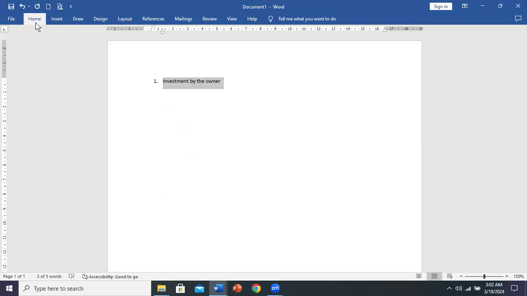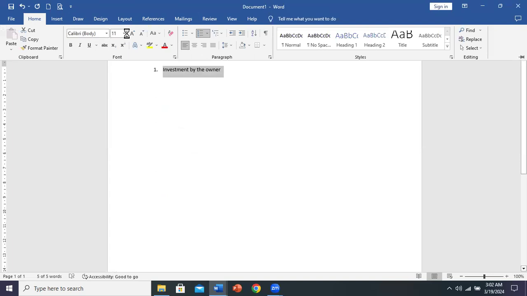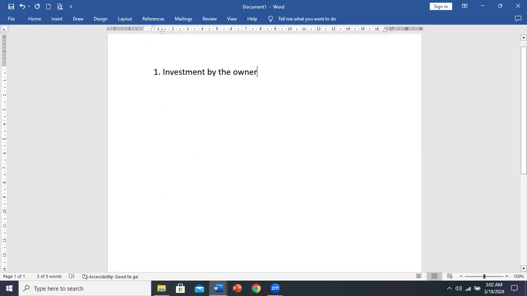The second one was acquisition of an asset, that is buying an asset. So let me increase my font size. Yes. So the second one was purchasing or buying or acquisition of an asset.